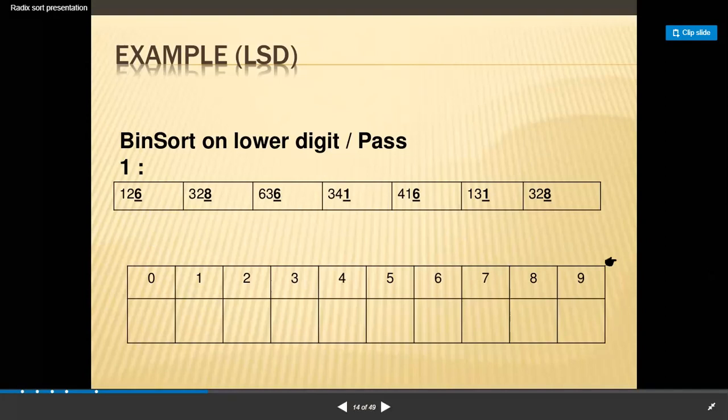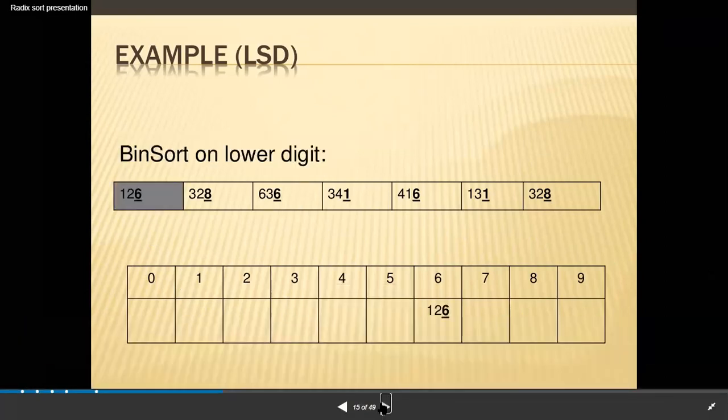We all know that. Now back to it. 126 will go to this 6. You can call these boxes, or you can call it a list. So 126 will go into this list, 328 will go into this list because the last digit is 8, 636 will go into this list, and so on.